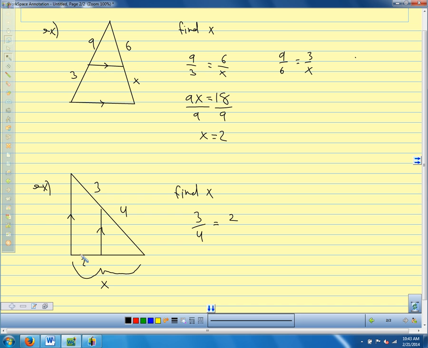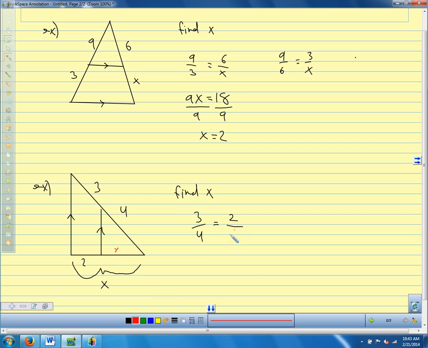But here's where we have to be careful. X is the length of this whole side. Is 4 the length of that whole side? No. This will help us though. We could say 3 over 4 is 2 over, what if we called this part y?